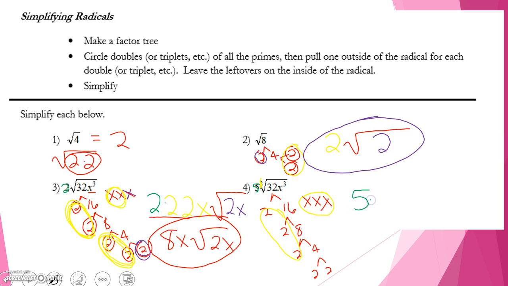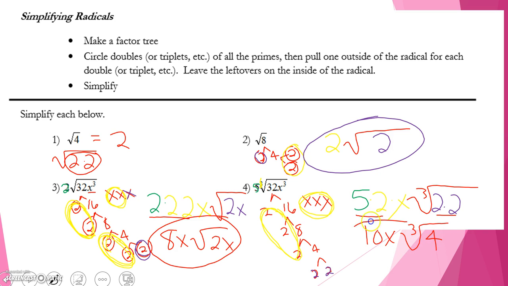So that stays on the outside, and then I have this triplet 2, only 1 again for the triplet, and only 1 x for that triplet. So then I keep my cube root there, and my leftovers, I have 2 2's left over, and that is it. So on the outside, to just clean it up a bit, that's going to be 10x, cube root, and that's going to be 4. That's your final answer for that one.